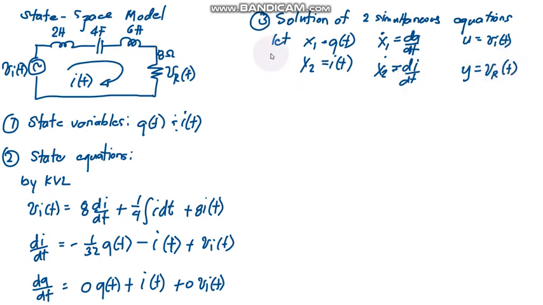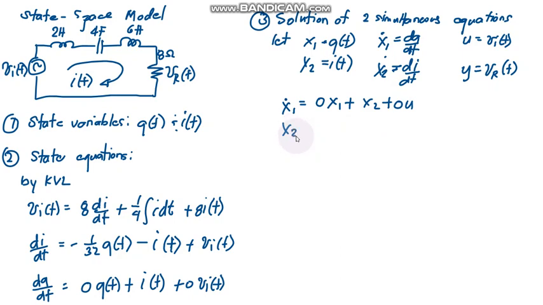And therefore, expressing our state equation in vector matrix form, the solution of the two simultaneous equations, we're going to have x1 dot equals 0 x1 plus x2 plus 0 u.